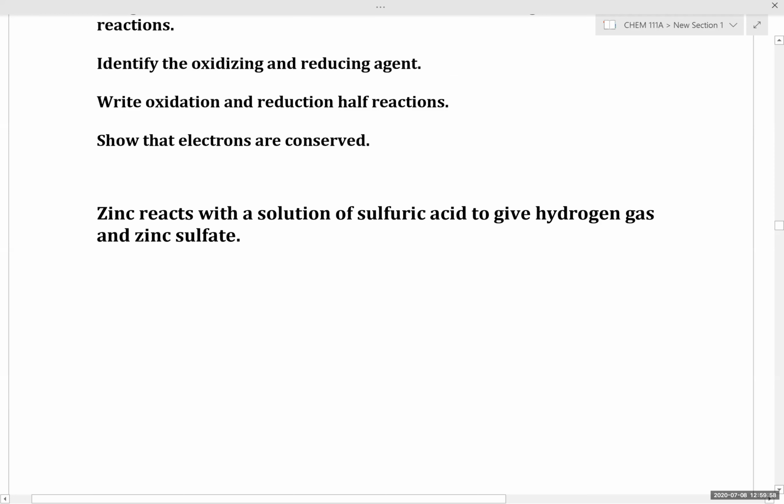And don't be shy to submit your proposed response for the balanced chemical equation. And we'll discuss this example in about another minute to minute and a half.